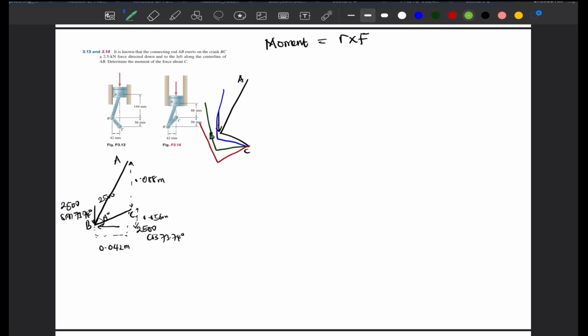As you can see, it will tend to move our body in an anti-clockwise direction, which means that our symbol for this is going to be positive. So write out the symbol positive. Then we are going to look for the perpendicular distance between B and C due to the application of this vertical force.